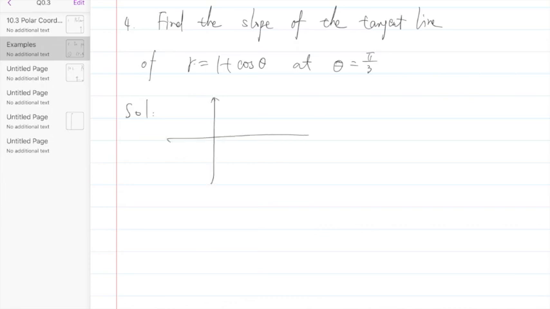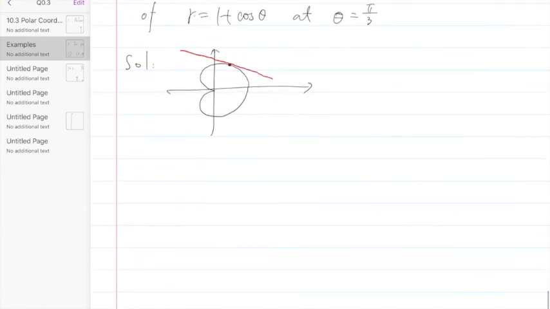Okay, that's what we're trying to do. Now, let's take a look by drawing. We know the path function looks kind of like this. This is roughly where pi over 3 is, and you are going to have a tangent line. We want to find the slope here. That is going to be dy over dx. When we finish, we should have everything in terms of theta. Then we plug in theta equals pi over 3.